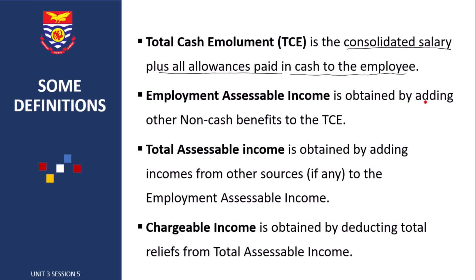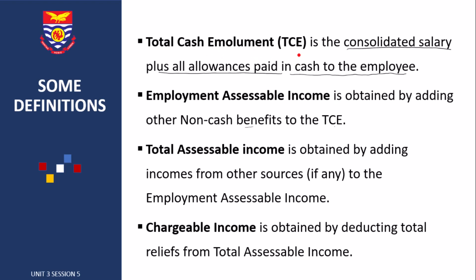This is obtained by adding other non-cash benefits to total cash emolument. So with the total cash, we have the consolidated salary, which we just looked at how to compute, plus other cash allowances. So we can have electricity allowance, clothing allowance, etc. When we add this, we are getting total cash emolument.